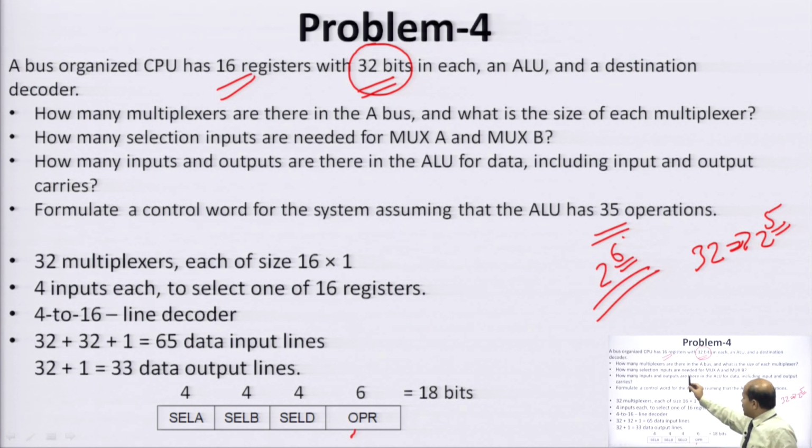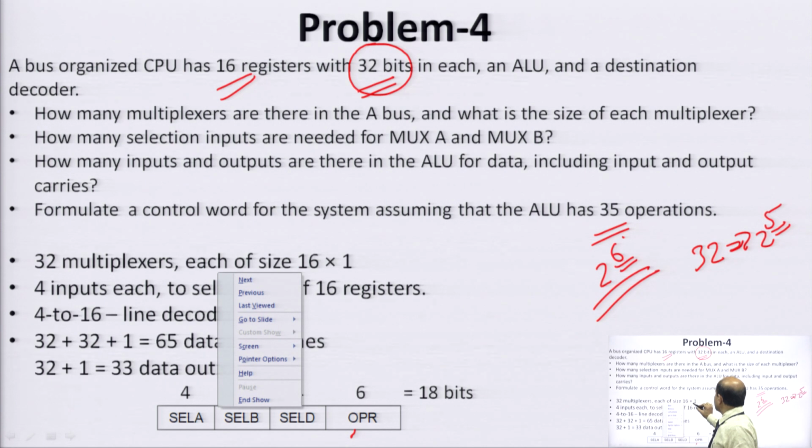Now, as we said there are 32 bits and 16 registers. To select one register out of 16 registers, what is the size of the multiplexer in that case? The size of the multiplexer will be 16 cross 1.